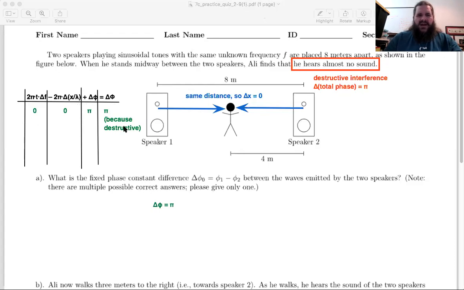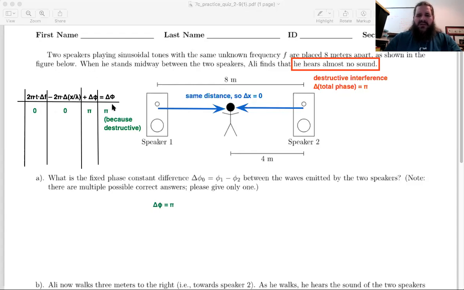So I would say that that would be an adequate way of explaining why we know that the difference in phase constant is pi. You'll probably want to write a sentence or two explaining what you're actually doing as well. But the key idea is that using this phase chart as a way of organizing the information, we know they're the same frequency and arriving at the same time, so 0 difference there. We know they're the same wavelength, and in this position, they're also traveling the same distance, so no difference there.